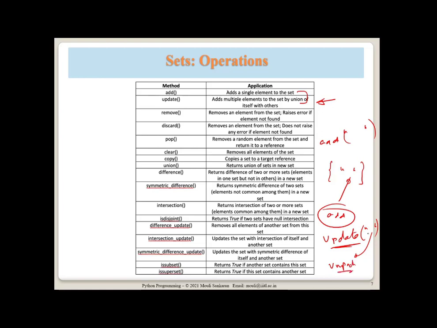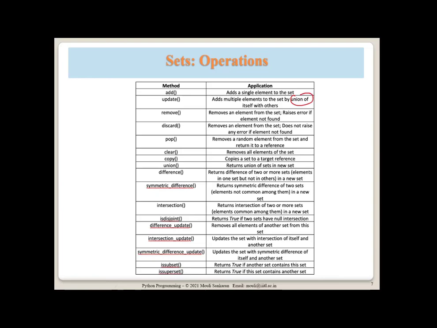So every element it takes out and then puts into the set. Okay, so it adds multiple elements to the set by union of itself with others. Now you see here, union of itself with others. So let me explain what this particular sentence means, the whole sentence. Okay, why should it give a union?